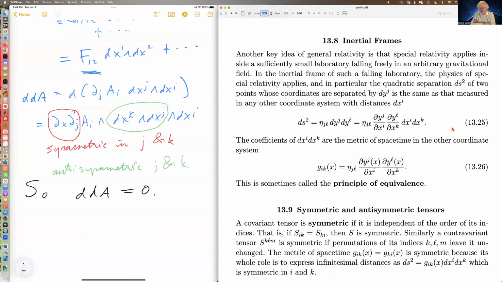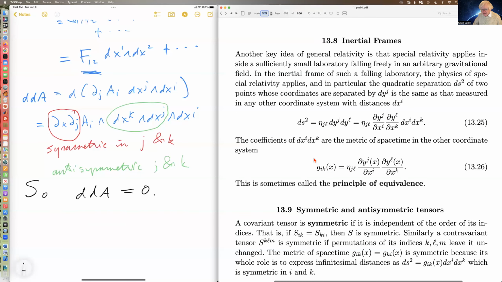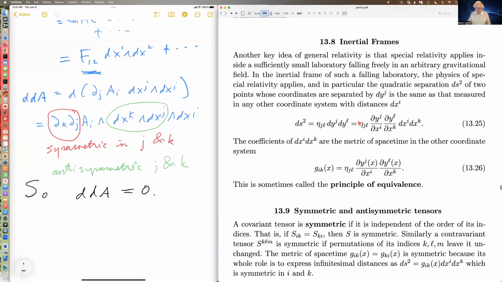So in particular, the quadratic separation between two points whose coordinates look separated by dx is given by this expression, and the coefficients here are, well, I don't know, actually, I find this rather obscure.